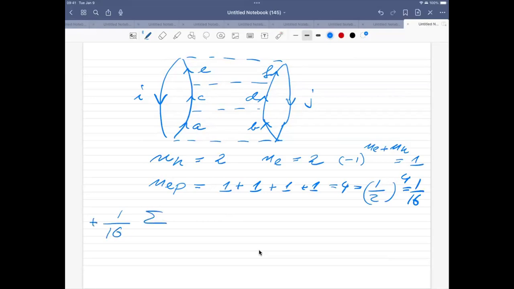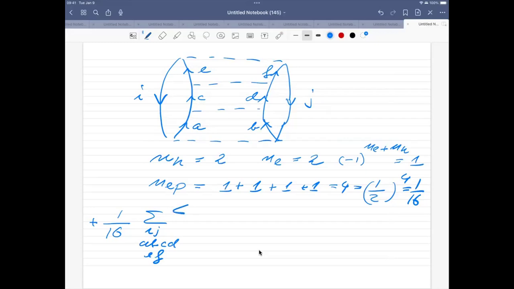And now we need to set up the summations of all the intermediate states. So we have the two hole states, I and J, and then we have A, B, C, D, E, and F. So this is almost like an exercise in setting up the alphabet. Then we start with, I like to start with, the top interaction.